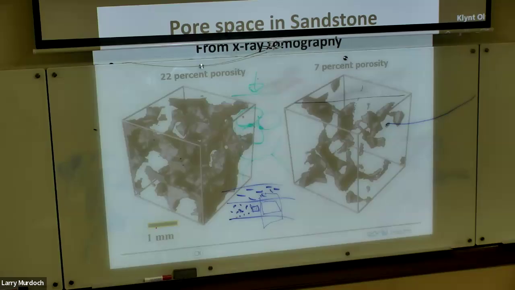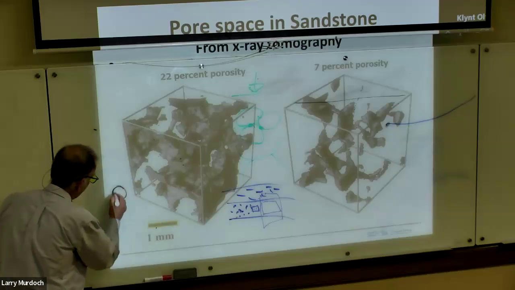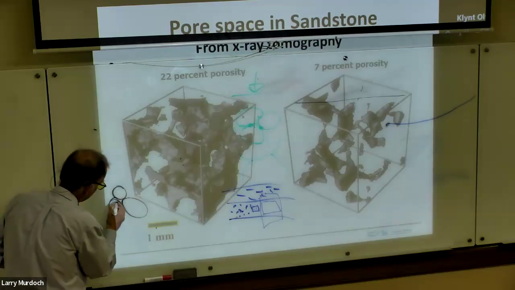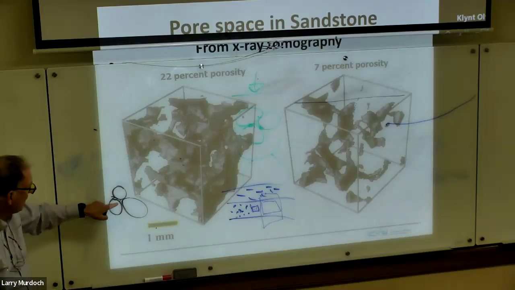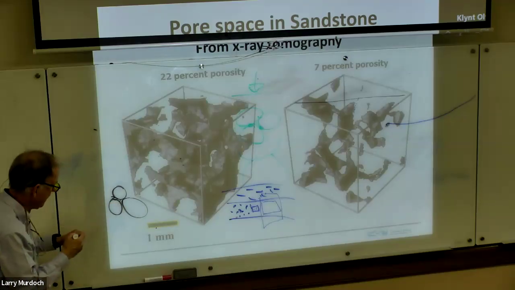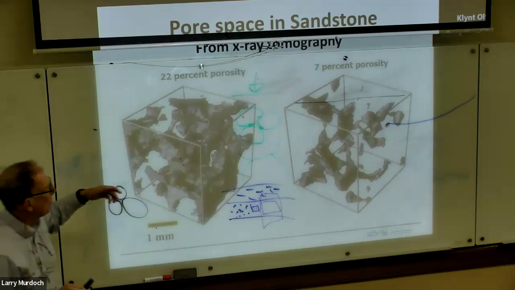If you've got circular grains coming together, to kind of start things off, right there the pores will be pretty large, but then the connection gets smaller and smaller.